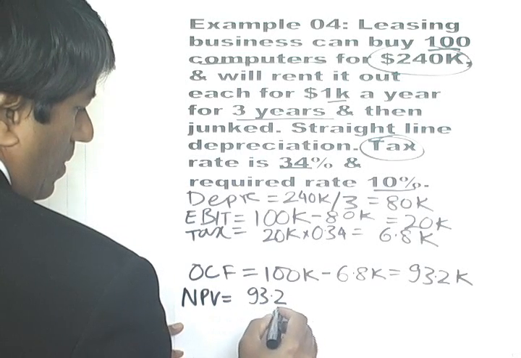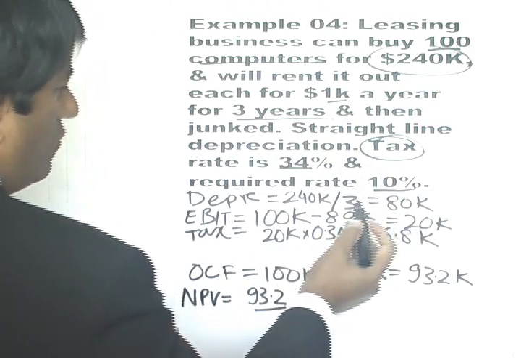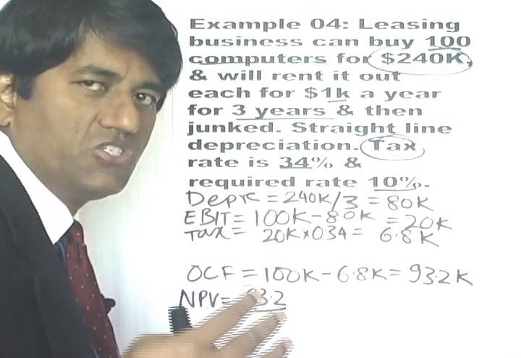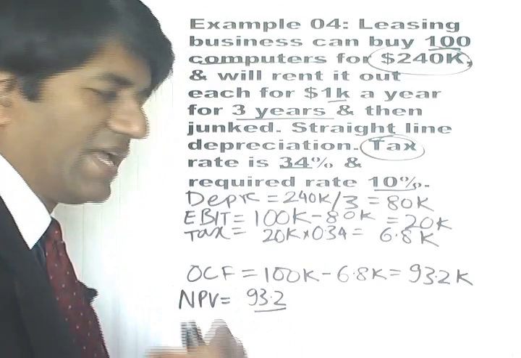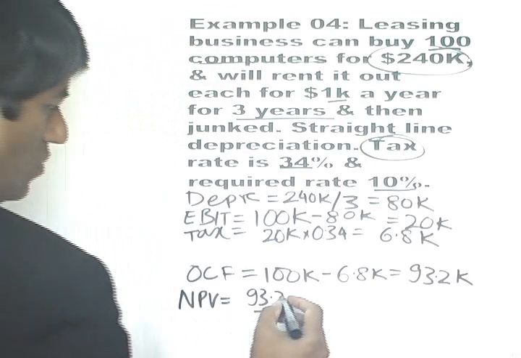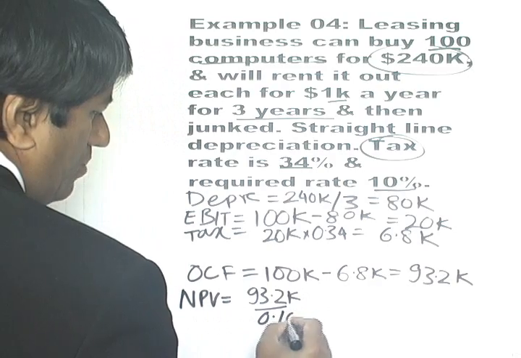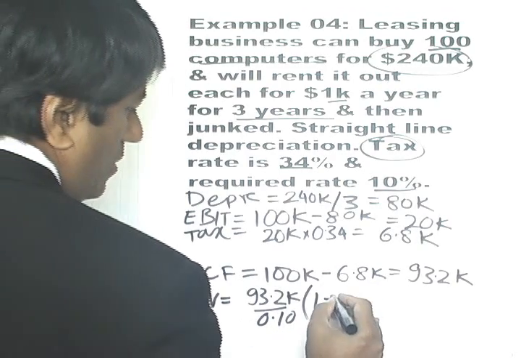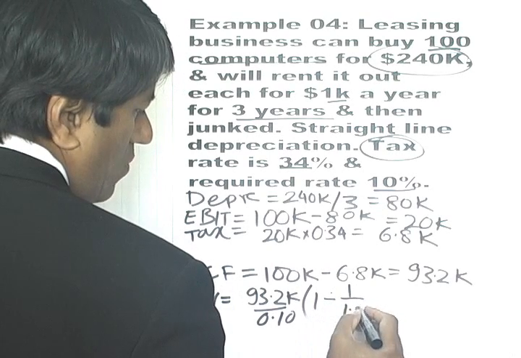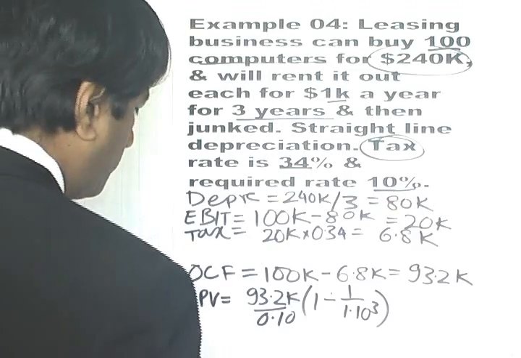That will make NPV equal to 93.2 divided by the rate of discount. We are trying to find the present value of this annuity, which is a cash flow of 93.2 thousand every year for 3 years. So 93.2K divided by the discount rate, 10%, times 1 minus 1.10 to the power 3.